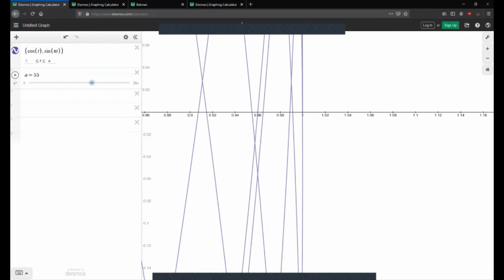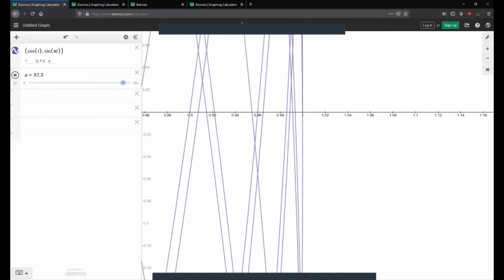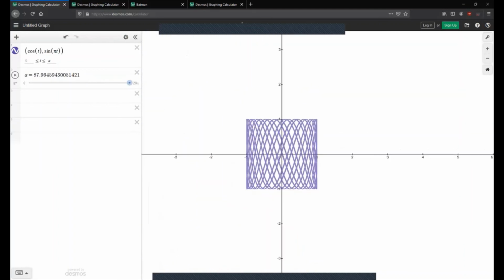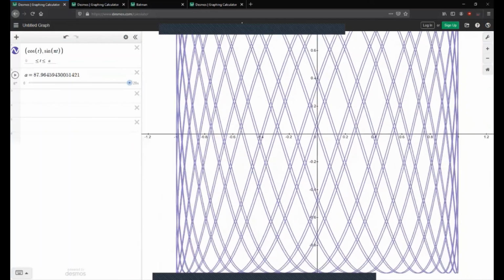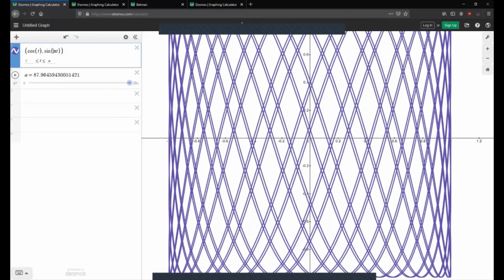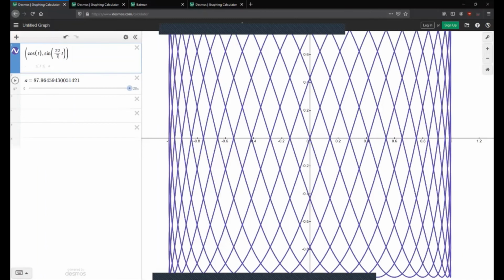It's supposed to hit this line here, but it doesn't. So I get very different behavior for this kind of figure if I'm using pi, which is irrational, or a rational number close to pi.